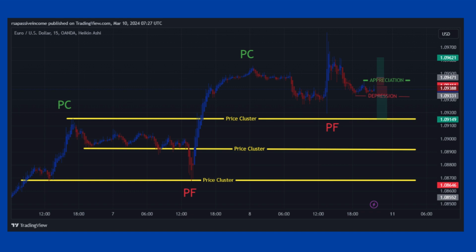Previous level here, price clutter, and somewhere there on top, another price clutter, and just down below this price here, go further, also a price clutter there. Right, straight.